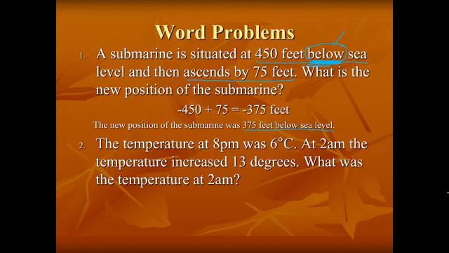What is the new temperature at 2 a.m.? 19. How did you get 19? You simply add. That's 6 plus 13. That's 19 degrees Celsius. So therefore, the temperature at 2 a.m. was 19 degrees. Okay?